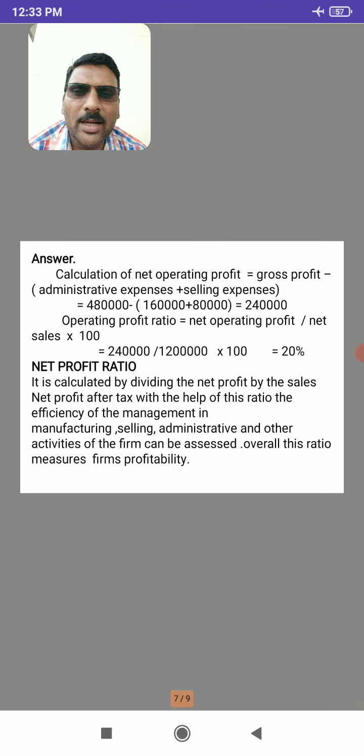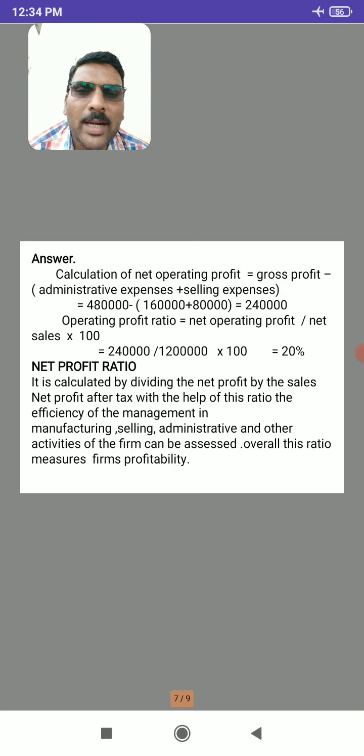First of all, we will calculate the net operating profit. We know the formula to calculate net operating profit: net operating profit equals gross profit minus administrative expenses plus selling expenses, that is, operating expenses.